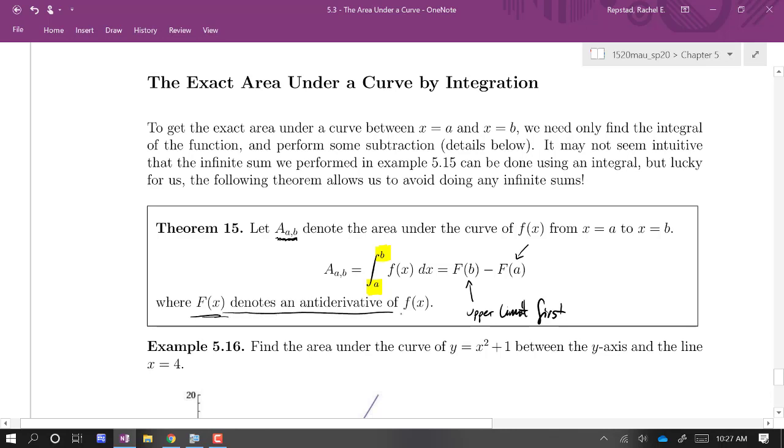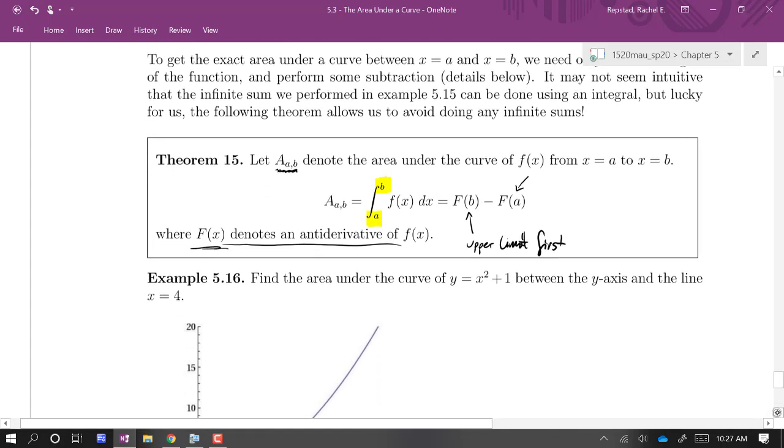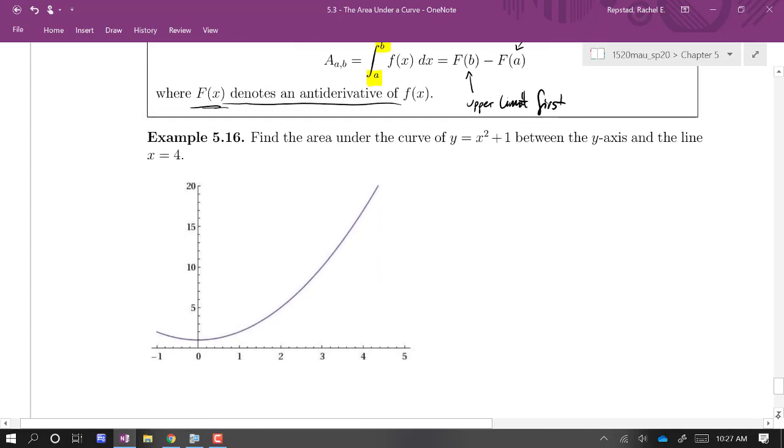Any antiderivative will do, so we don't need the plus c when we do this integral to get a result. So here's that first function that we looked at, where we did 3 approximations. Now we're going to find the exact area under this curve.